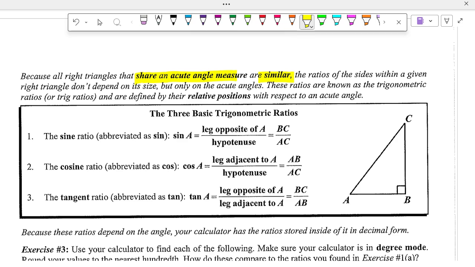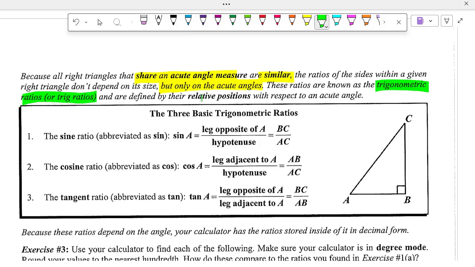The ratios of the sides within a right triangle don't depend on its size, but only on the acute angles. So it's actually the angle measure that dictates what the side looks like. These ratios are known as the trigonometric ratios, or just trig ratios for short.